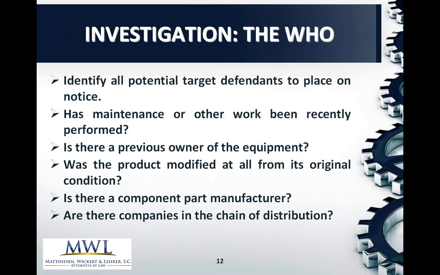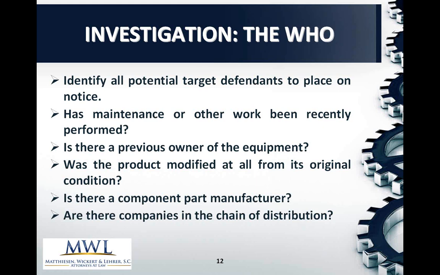The who: identify all potential target defendants. So that's not only just the manufacturer, but it could be a supplier. Who did you buy the part from? Who did you buy the washing machine from? Is it Home Depot, Lowe's, somewhere else? Has maintenance or other work been recently performed? Is there a service provider that recently performed work on this part?